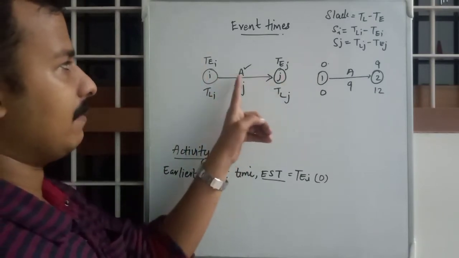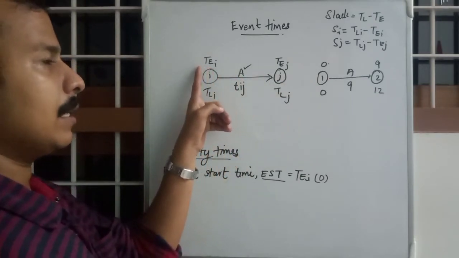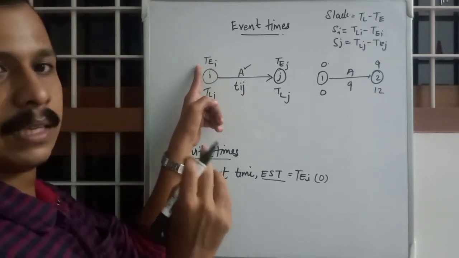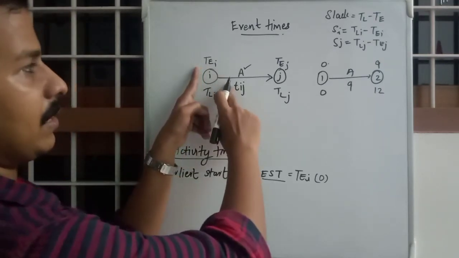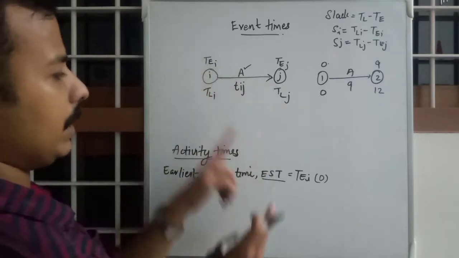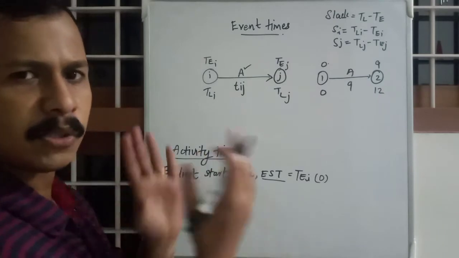For an activity, the earliest event time of the tail event will be the EST. You can just visualize it, this is the tail event and this is the head event.